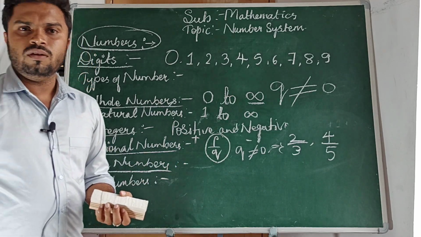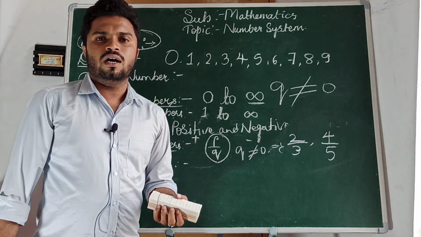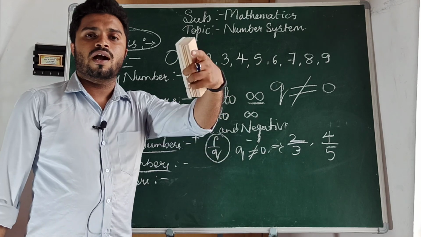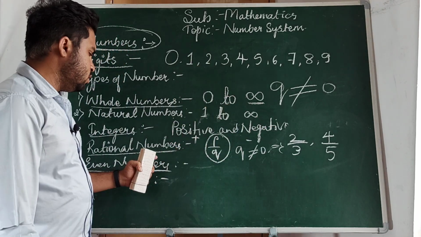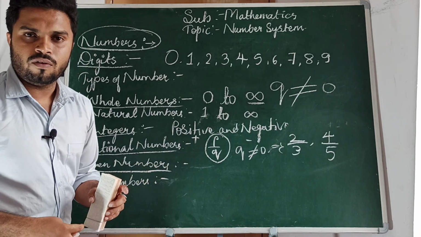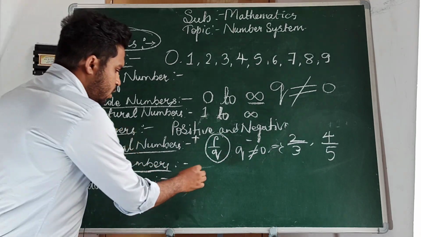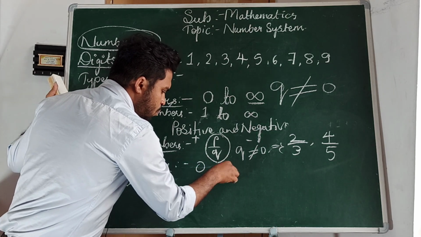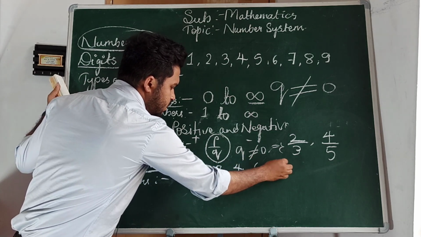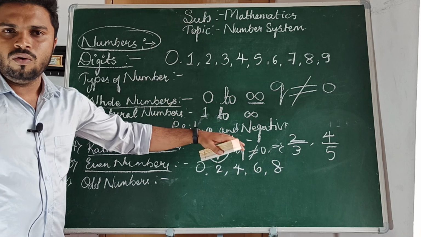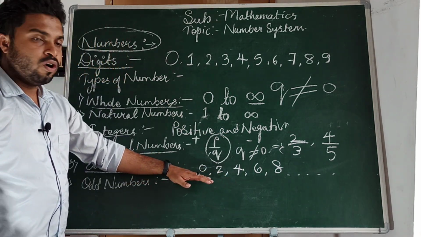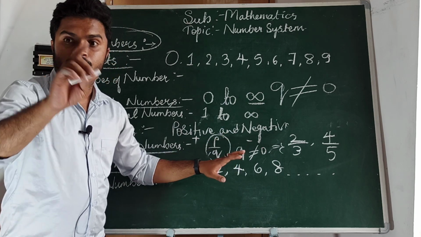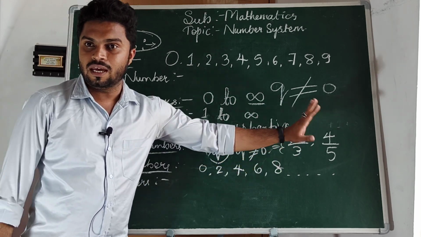Done? Yes. Now coming to the even numbers. What are even numbers? Even numbers are the numbers which come in the table of 2. We have varieties of definitions for this, which come under the table of 2, like 0, 2, 4, 6, 8.